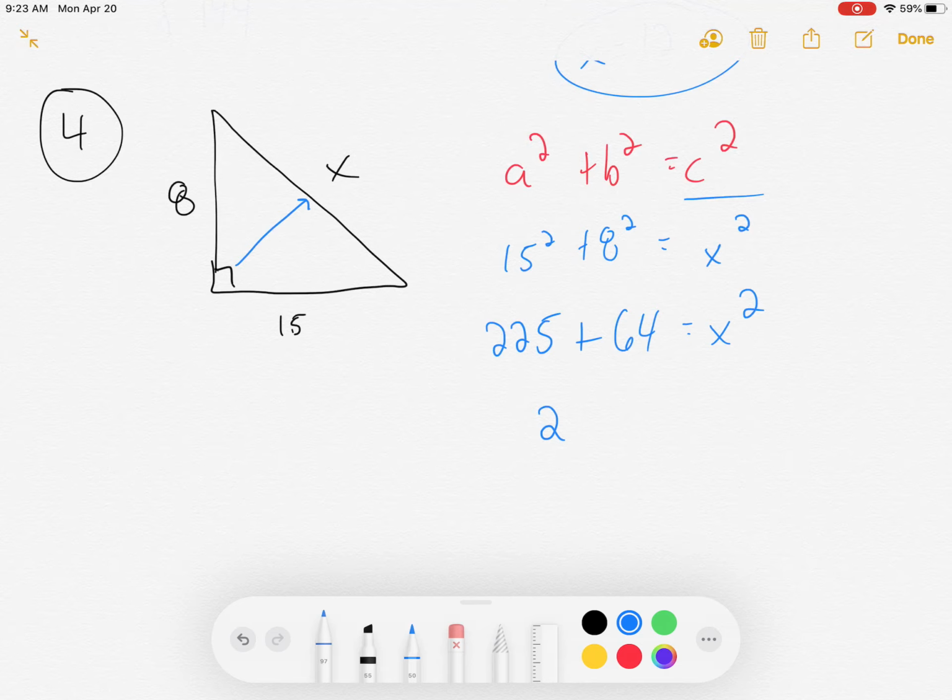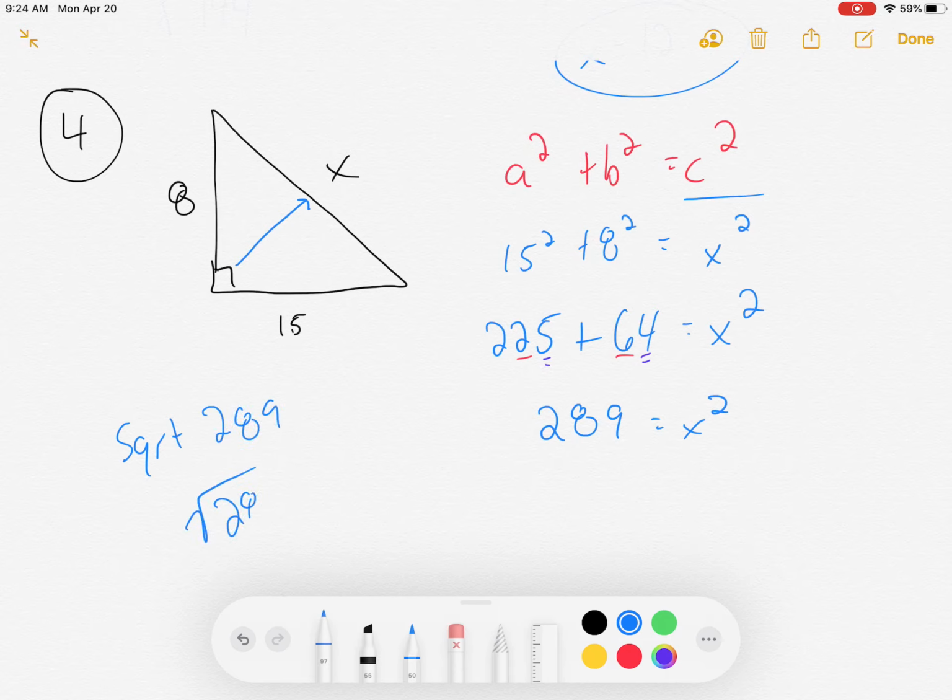Okay, 225 plus 64. Well, we can actually do this one in our head because adding the tens place, 2 plus 6, we should get 8. Last up, if we add 5 and 4, we should get 9. 289 equals x squared.